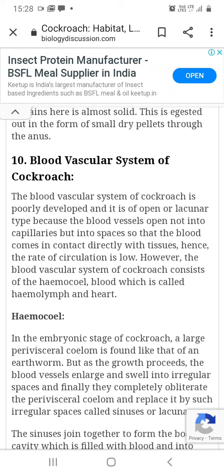The hemolymph is devoid of any respiratory pigment like hemoglobin, and the purpose of this fluid or liquid is circulating the nutrients into the tissues.